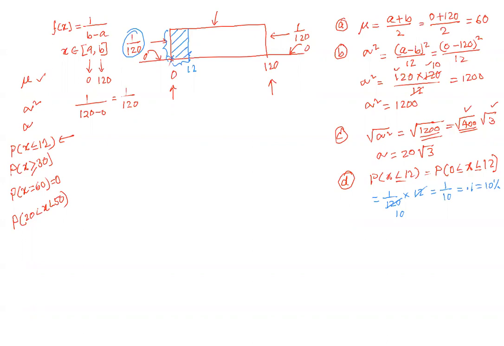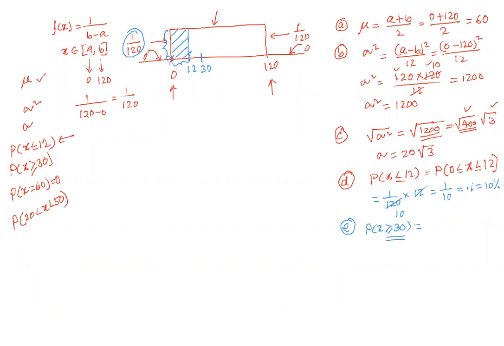Part E, the probability that you'll wait more than 30 minutes. Probability of X greater than or equal to, again, doesn't matter, 30 minutes. So 12 is here, so let's say 30 is here, okay? So this is where 30 is. So more than 30 minutes.